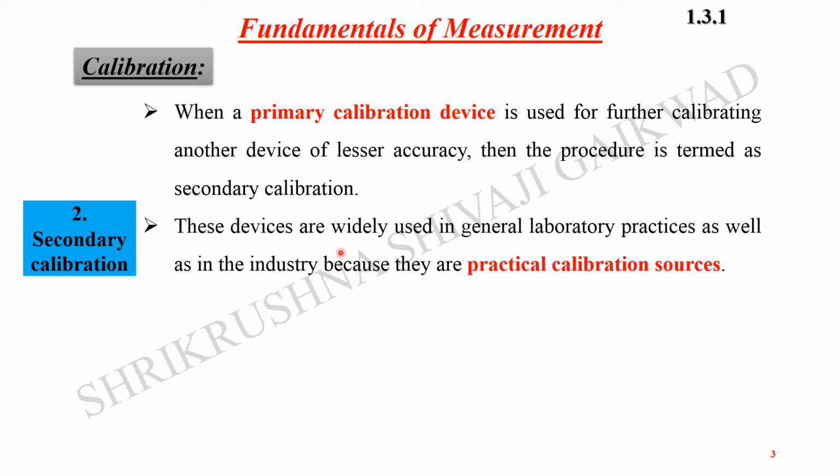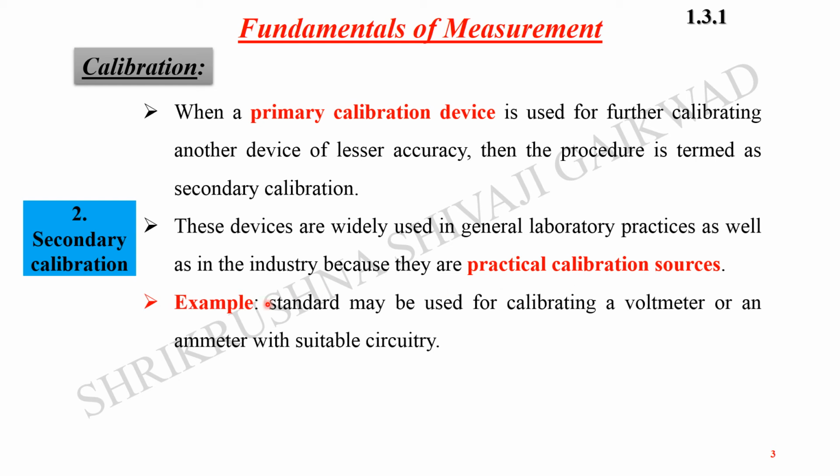Industry personnel have to calibrate their devices with devices which are calibrated in the national laboratories or with the primary calibrated devices, and because they are practical calibration sources. Example here: a standard may be used for calibrating a voltmeter or an ammeter with suitable circuitry.